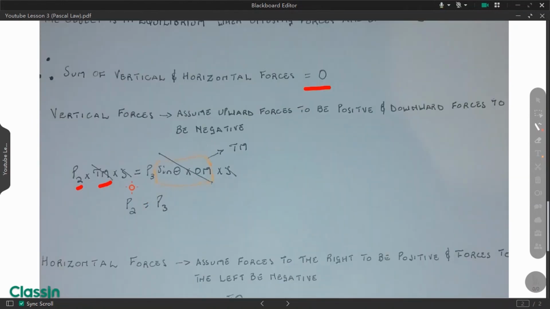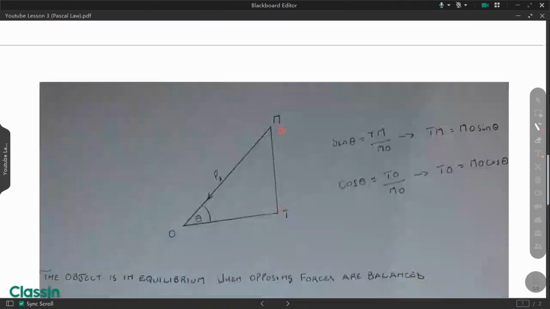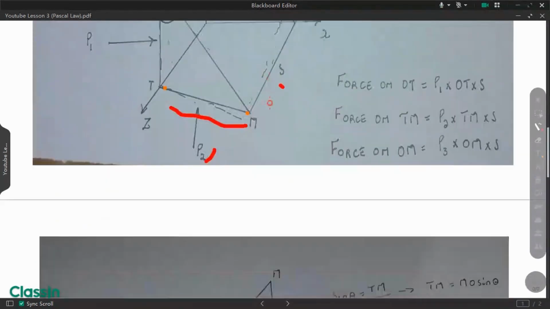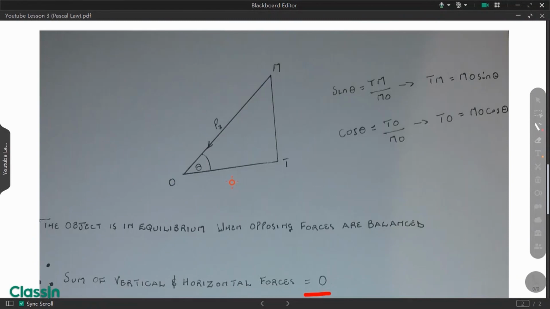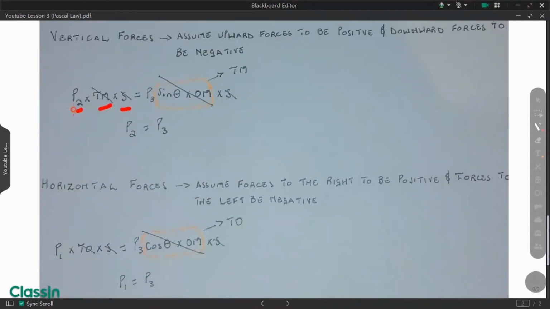That is equal to, because remember, we assume the upward forces to be positive and the downward forces to be negative. So when you look at P3, it's going in the downward direction, so it will be considered negative. So we have P2 TM S is equal to P3 sine theta OM multiplied by S. We just move the P3 to the other side, right? So P2 TM S is equal to P3.